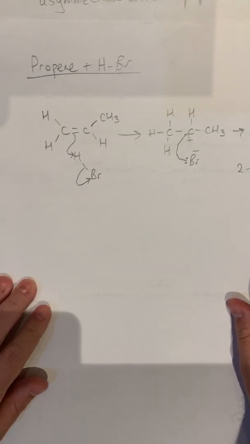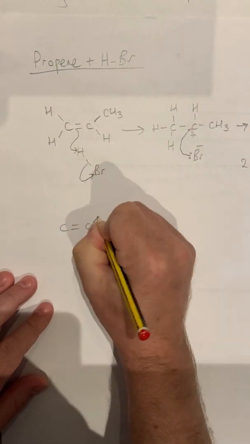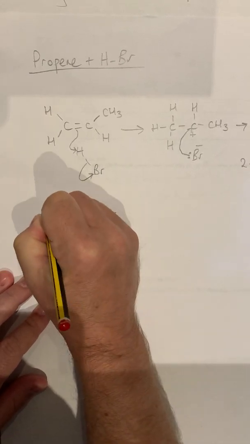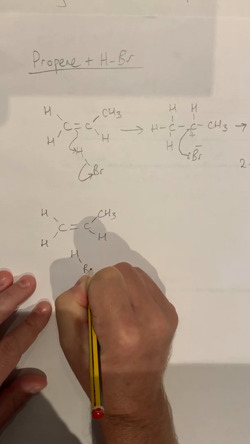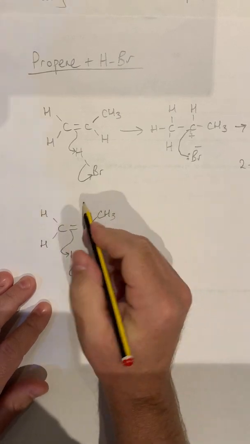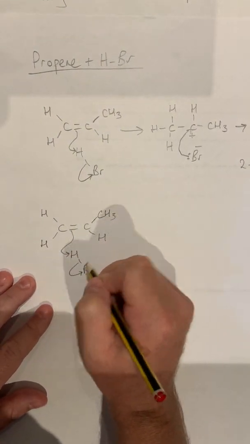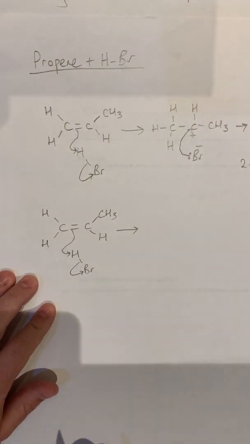Now the other alternative, and I'll do this as a separate mechanism because this is how I wanted you to show it. So exactly the same first step. Electrons in the double bond attack the H. The bond between the H and the Br breaks towards the Br.